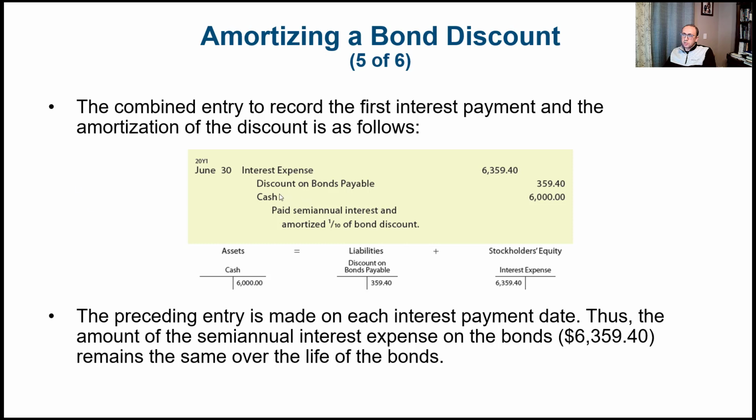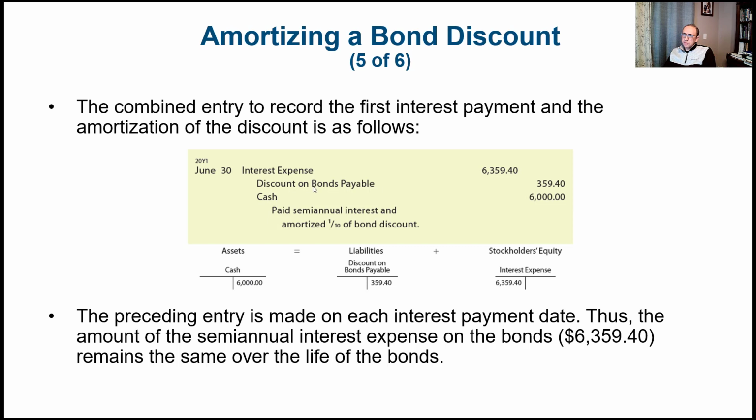Remember, the cash is based on the face value of the bond, which is 100,000, multiplied by 12%, which is the contract or coupon interest rate, and multiplied by 6/12, or half, and that would be 6,000. Why did we multiply by half? Because the bond pays semi-annual interest.